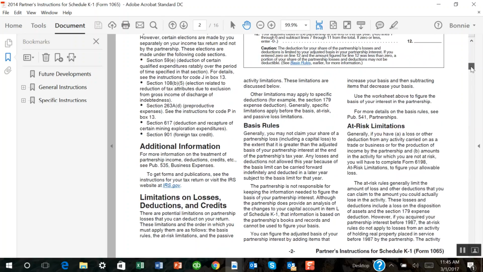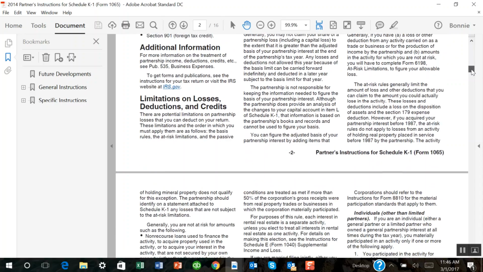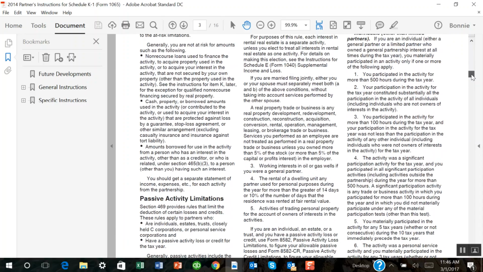So you can see here they talk about the basis rules that I was covering a minute ago. They also talk about at-risk basis, right? We learned about that. And then they talk about passive activity limitations. You might remember from one of the problems on the midterm that you were asked, it was basically a test of your knowledge of the passive activity limitations.